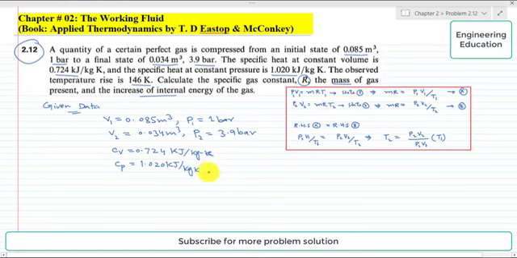The observed temperature rise, T2 minus T1, is 146 Kelvin.